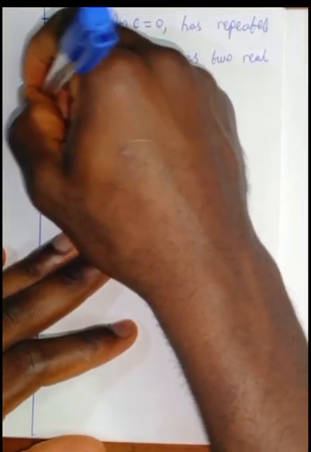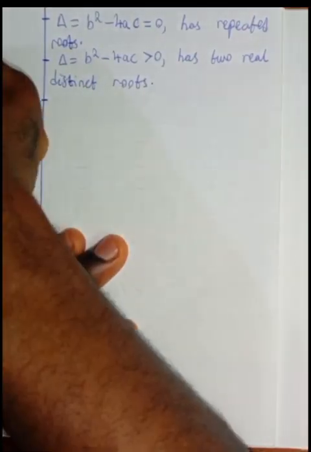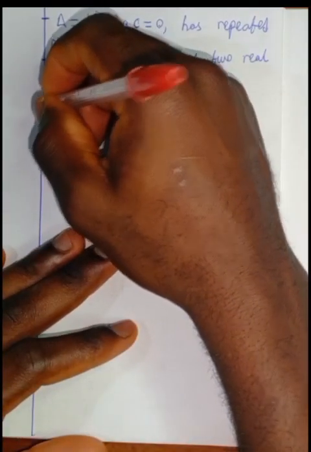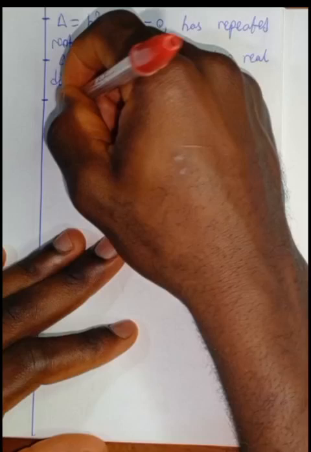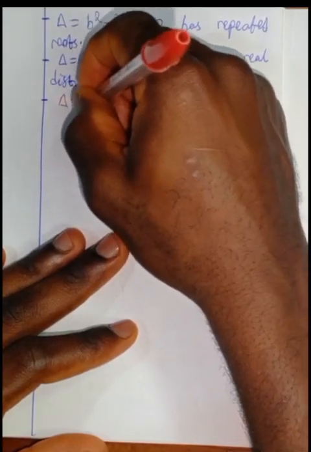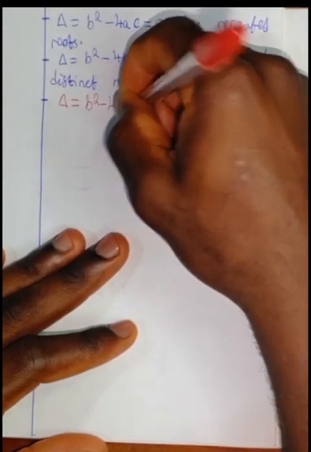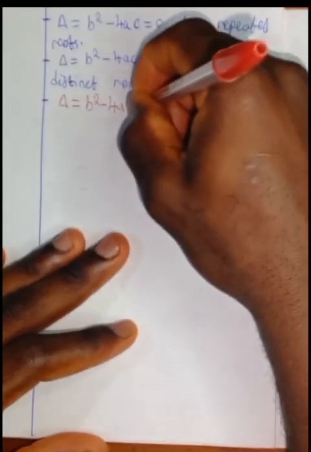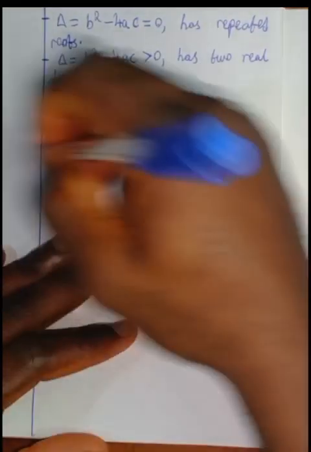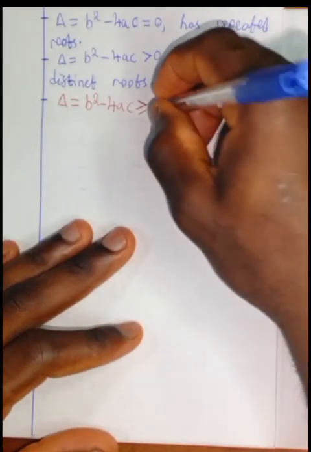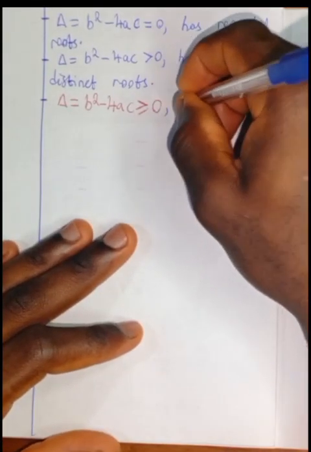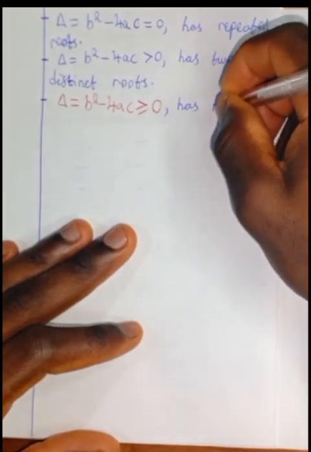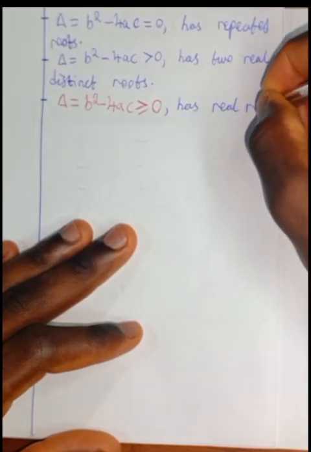If we take the third hyphen, I'll write this one with a red pen because most of them will be making good use of this. When the discriminant b squared minus 4ac is greater than or equal to 0, in this case we are going to say the quadratic equation has real roots.